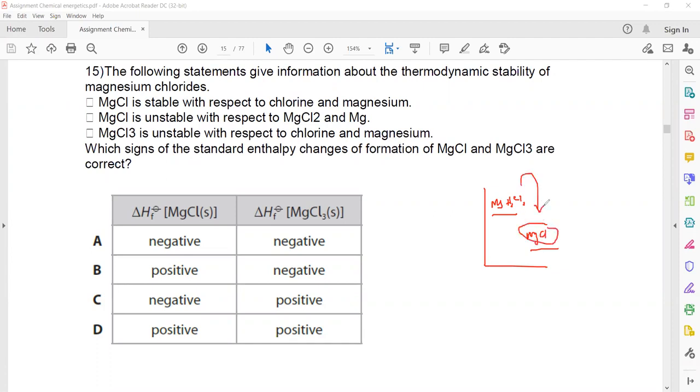So the reaction will be exothermic, so this should have a negative sign. And MgCl3 is unstable, so if it is unstable, it means it has high energy or requires energy. So it will be an endothermic reaction, so the enthalpy change should be positive. So C is the right answer. Is it clear?